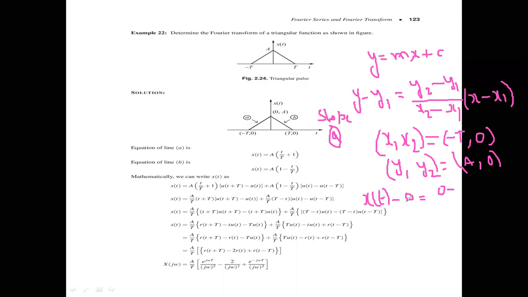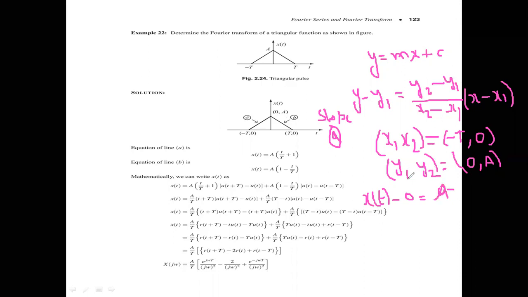Y1 is 0, my dear students, not a, 0. Here also you did something wrong. It is 0 comma a, not a comma 0. So y1 is 0 and y2 is a.